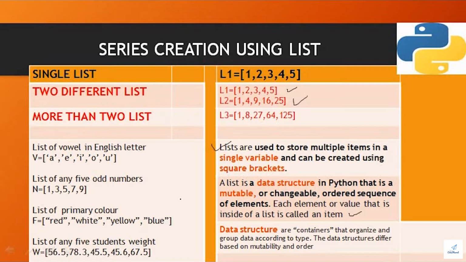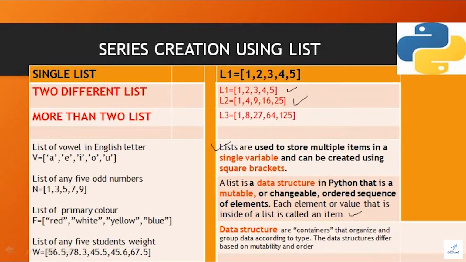Because we have used the term here. A data structure is just like a container that organizes and groups data according to its type. Data structures differ based on mutability and order. So you should know what a list is, what a data structure is, and how we can create a series using a list.